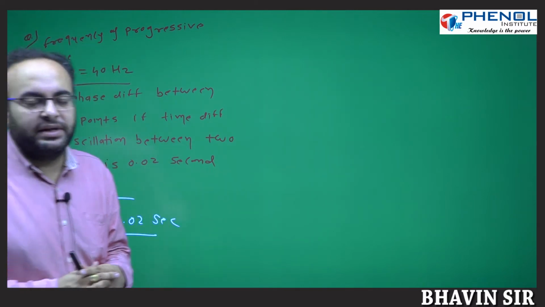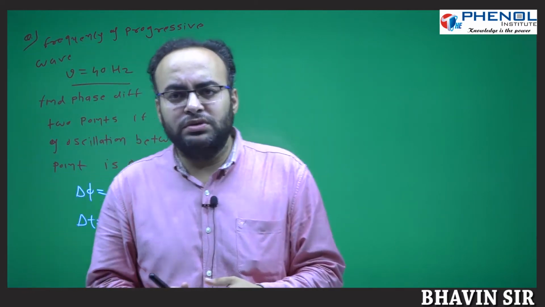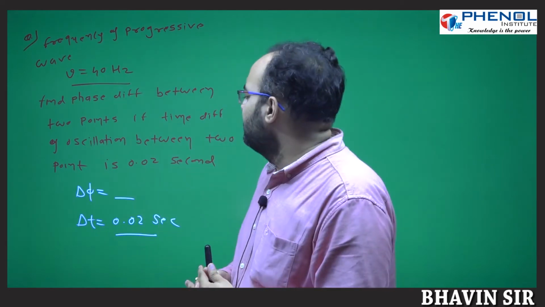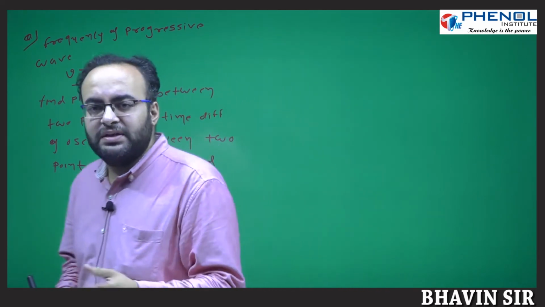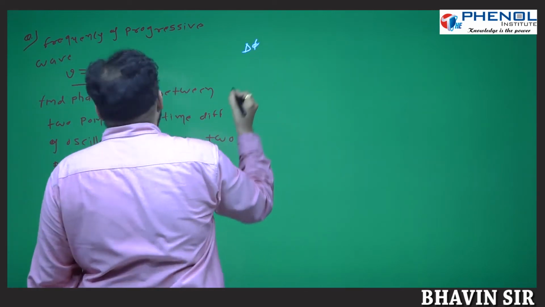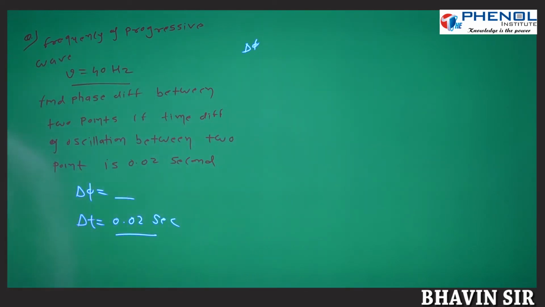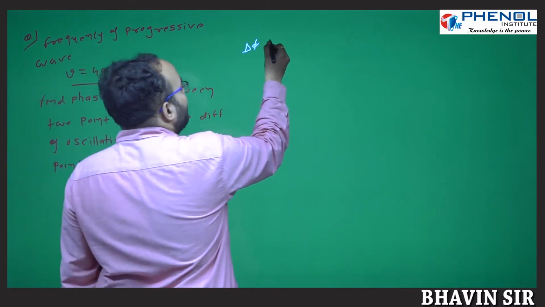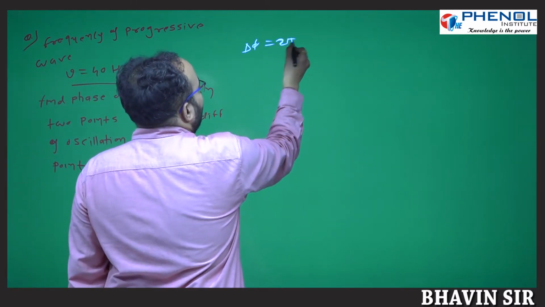Now students, here we want to use the formula of relation between phase difference and time difference. See, what is the formula? Delta phi is equal to 2 pi by lambda.